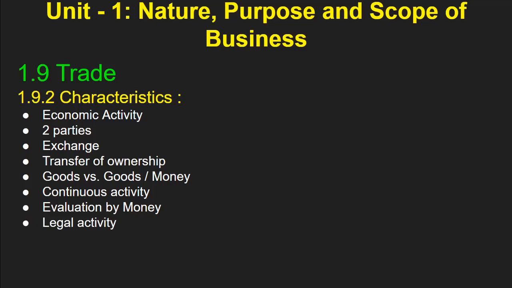Why it is a legal activity? Because it is a part of business. It is a classification of business, and we have seen in the definition of business of last videos, if you refer, you will find that business is an economic activity which is carried out legally, right? So that is why trade is also a legal activity.